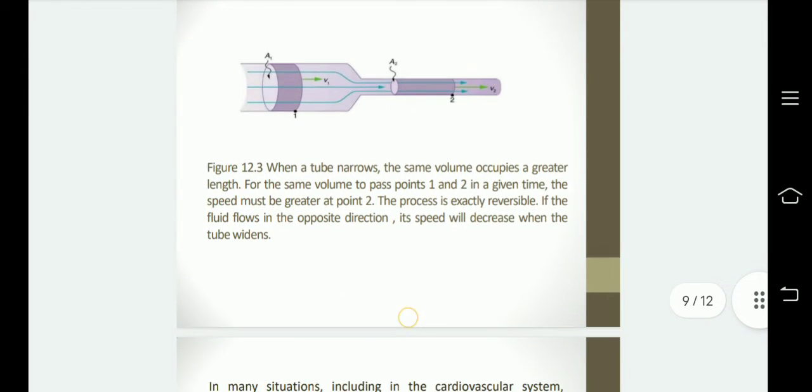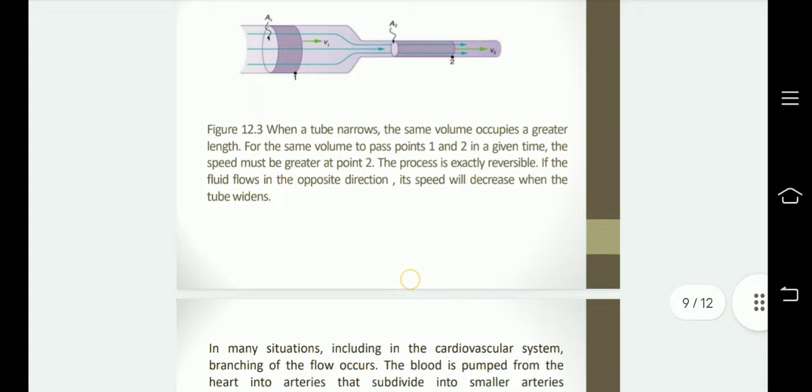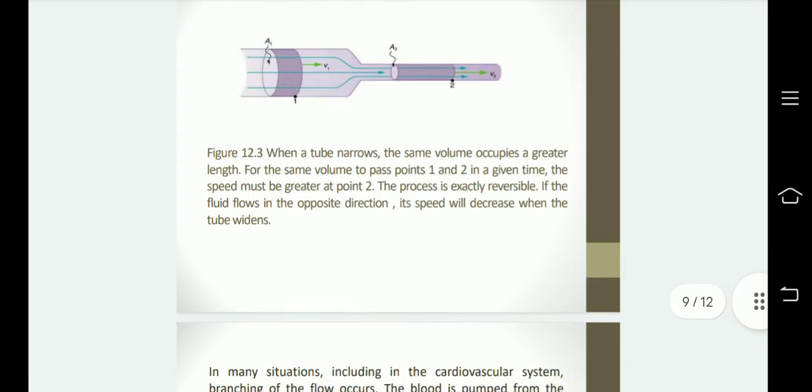Figure 12.3 shows that when a tube narrows, the same volume occupies a greater length for the same volume to pass points 1 and 2 in a given time. The speed must be greater at point 2. The process is exactly reversible. If the fluid flows in the opposite direction, its speed will decrease when the tube widens.